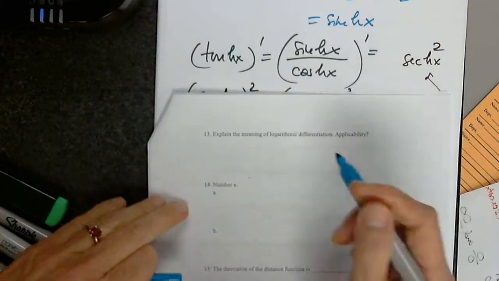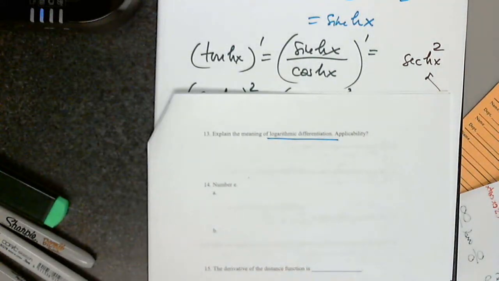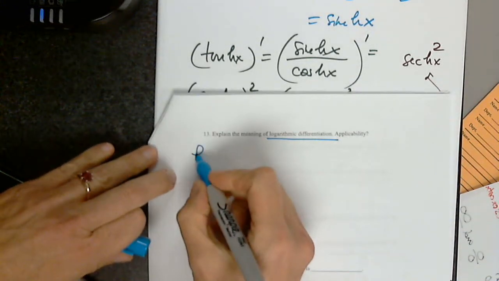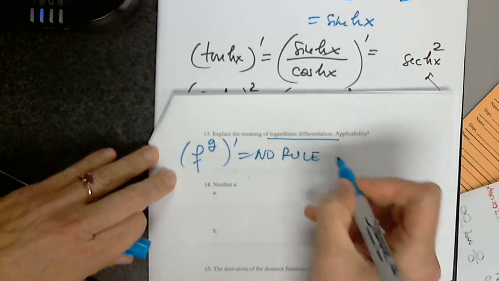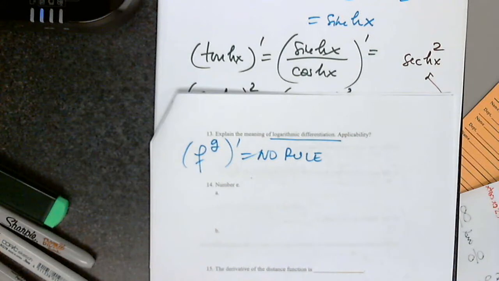Okay, page 3. Explain the meaning of logarithmic differentiation. What will you say in your own words? What is logarithmic differentiation, and when do I need to use it? The main example is when I have to differentiate a function raised to a function. No rule. I only have one possibility, to name this y and do what to both sides? Apply natural log to both sides.